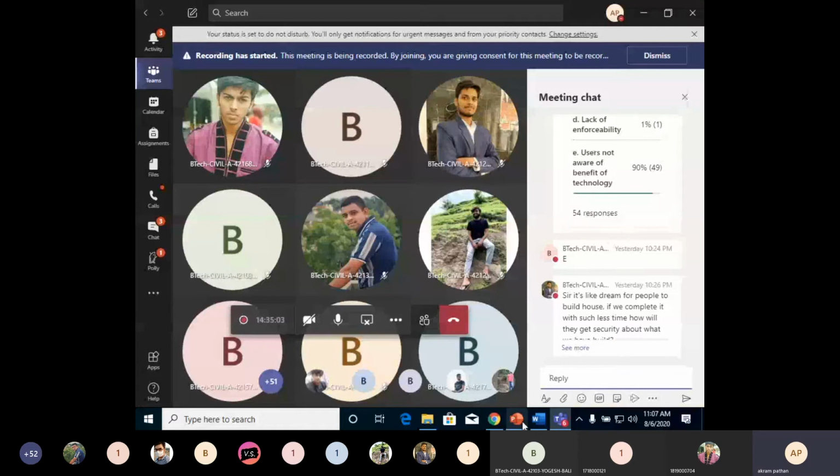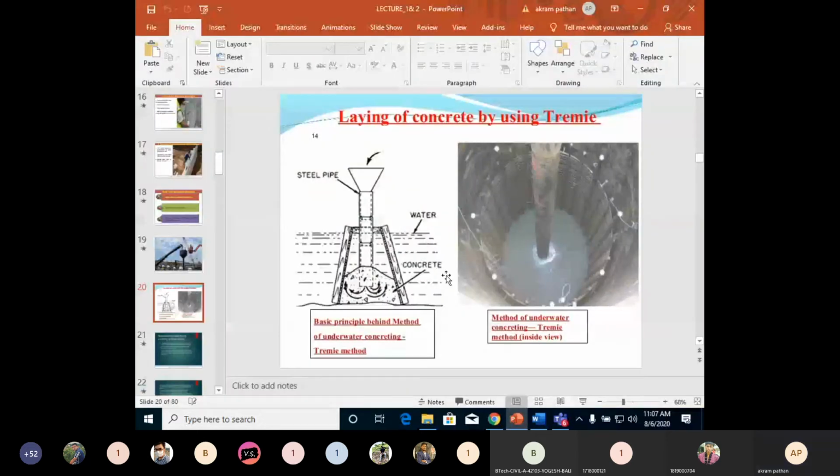During the construction of bridge piers, if you adopt this technology, then initially, how can we do this activity? See, in this, we have a pipe.